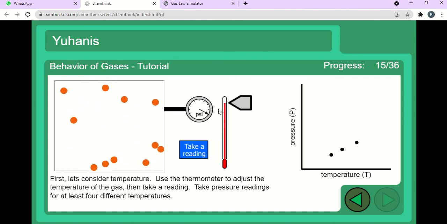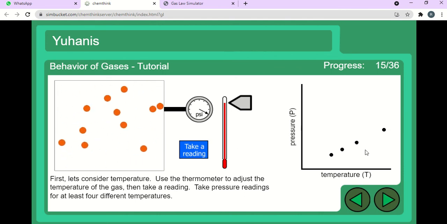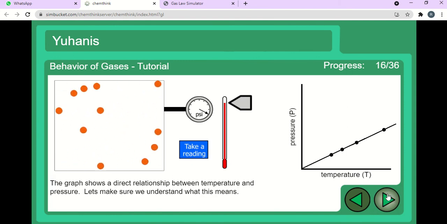Even higher temperature has more pressure. So you can see the points, the data that we take. Pressure and temperature are directly proportional.